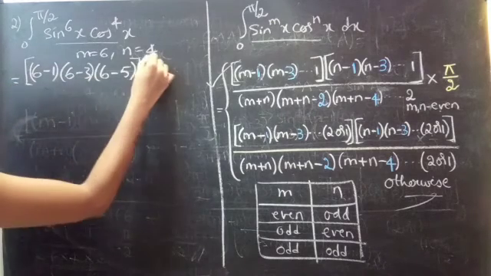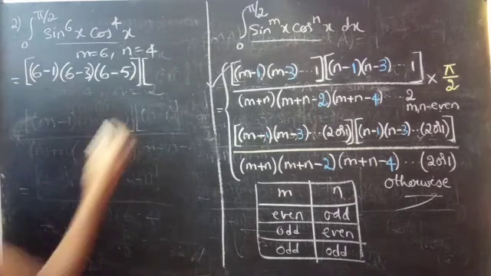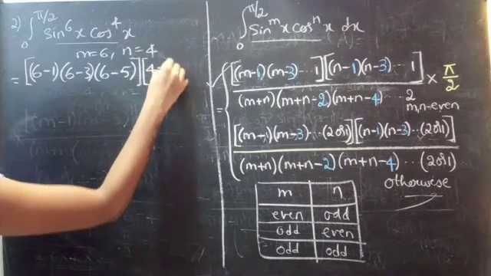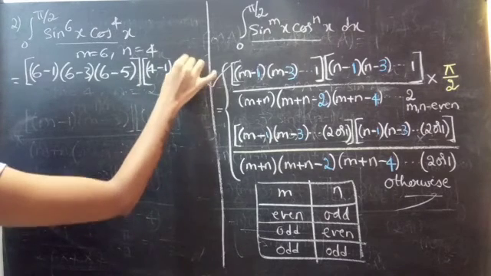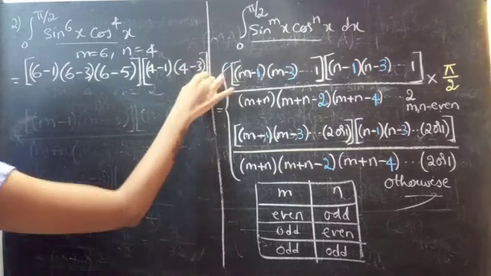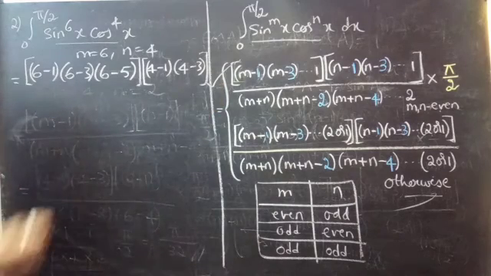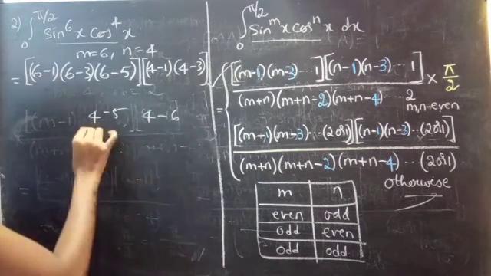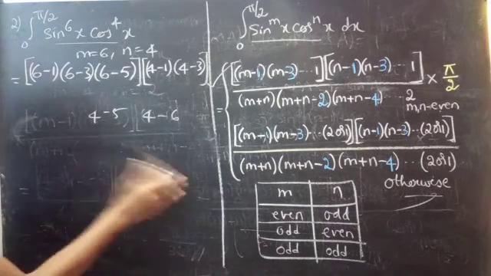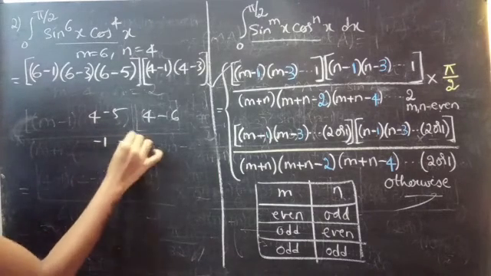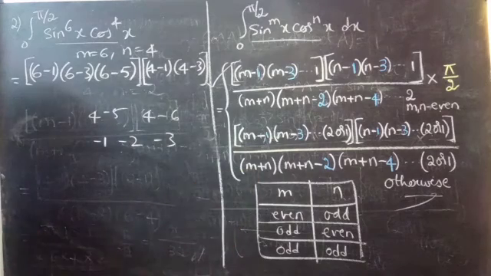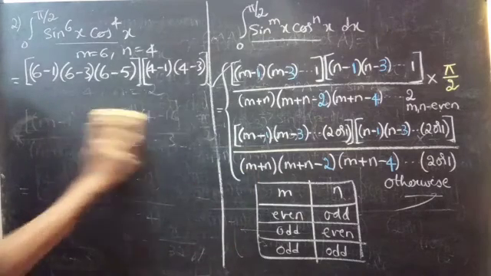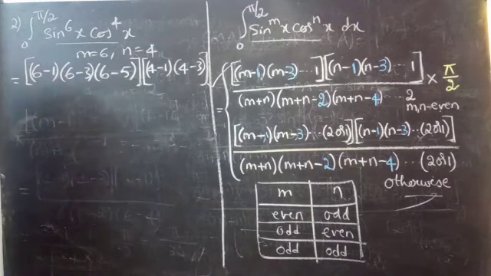Next, for n equals to 4, that is 4 minus 1, 4 minus 3, and again you'll get 4 minus 5, 4 minus 6 and so on. So here you'll get negative numbers, that is minus 1, minus 2, minus 3 and so on. So you'll neglect all these negative numbers.